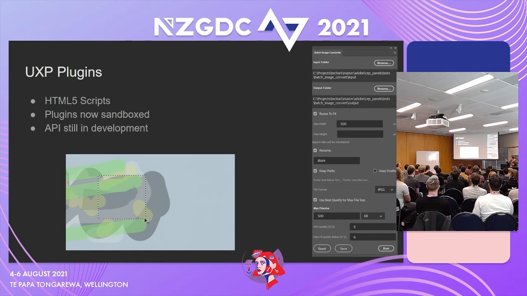So I rebuilt it in UXP, and one thing I found about the new sandboxing is you can't copy and paste folder paths anymore. You have to actually click the browse button, and this is to prevent you from having access to a folder or a file without the user knowing, because you can delete stuff.